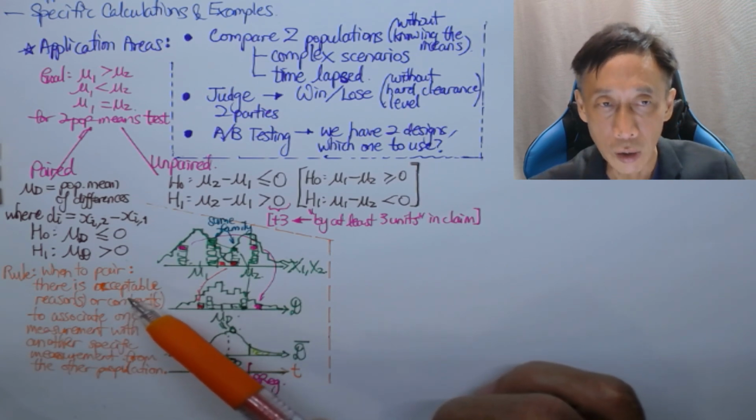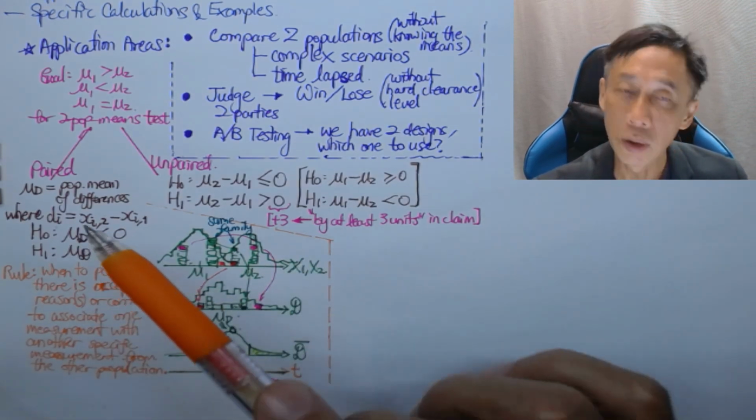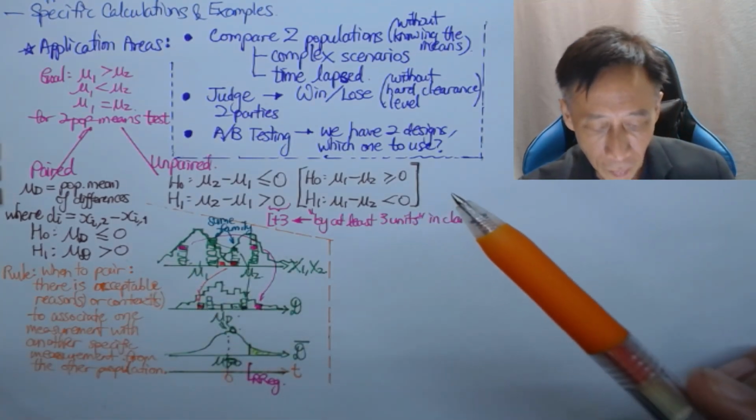So if you can find that reason or context, then try to do the paired test.